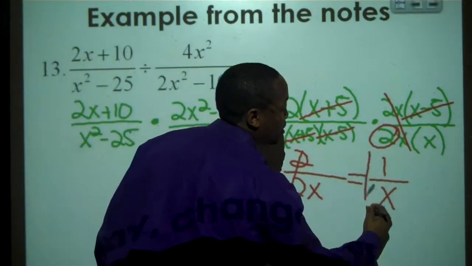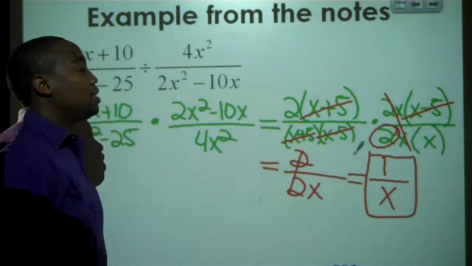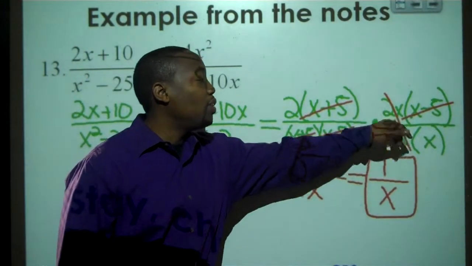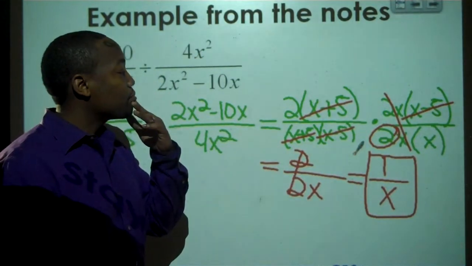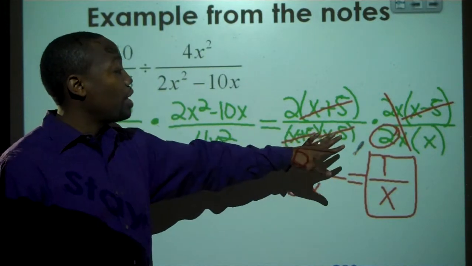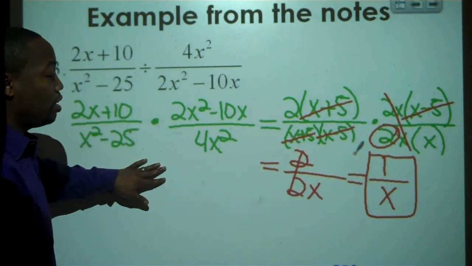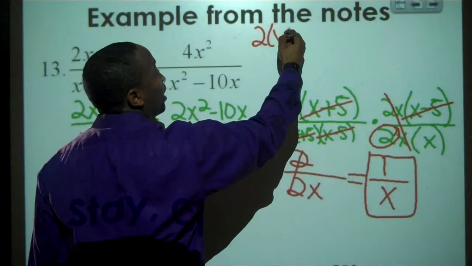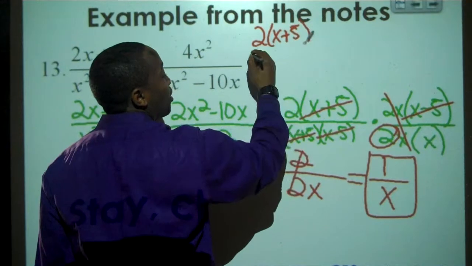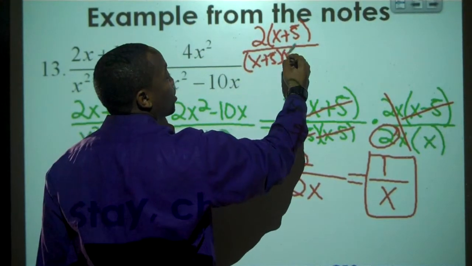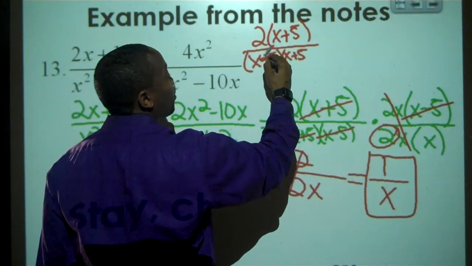Now, that's my answer. My question is, I think a lot of you might say, what if I didn't know to simplify that? Let me show you how I would handle this. So let's say I had a 2x plus 10 over the x plus 5 and the x minus 5. Oh, that's a minus 5, sorry.